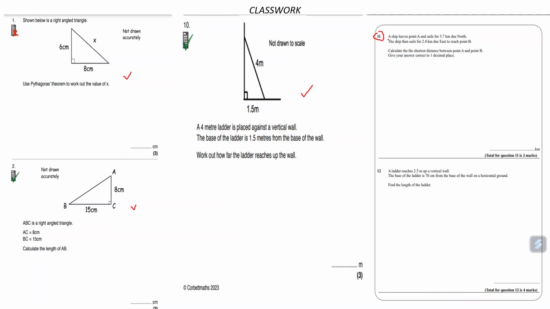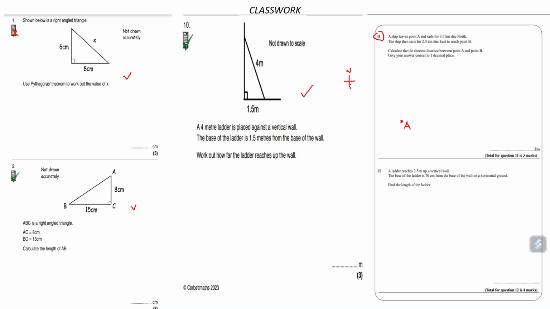The first statement says a ship leaves point A. So let's draw this. This is our point A. A ship leaves point A and sails 3.7 kilometers due north. Remember our cardinal points.